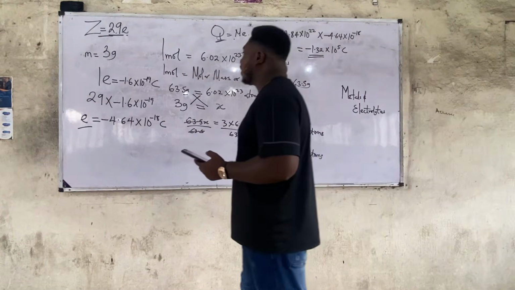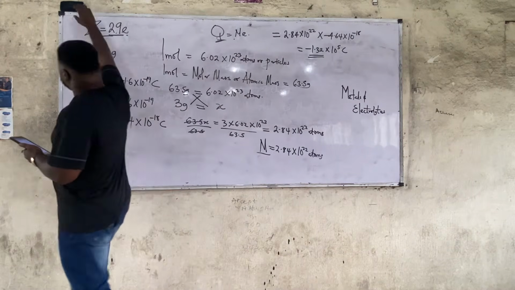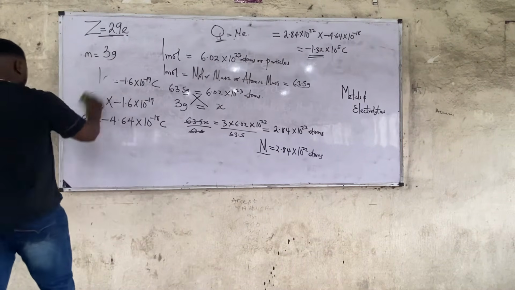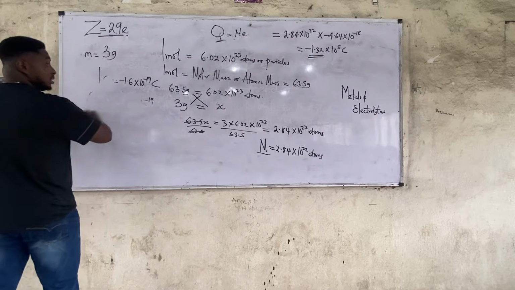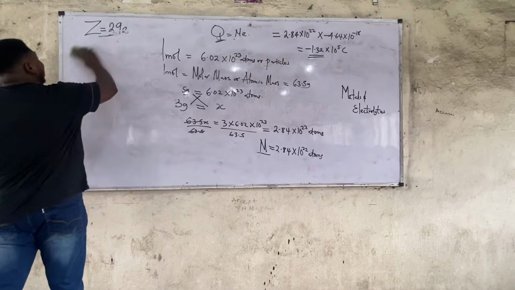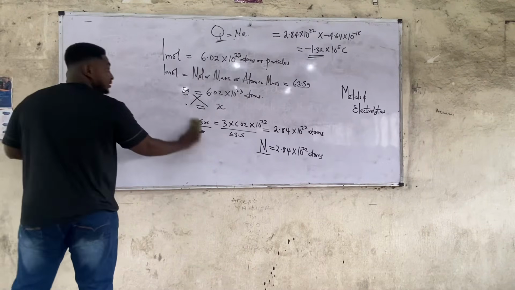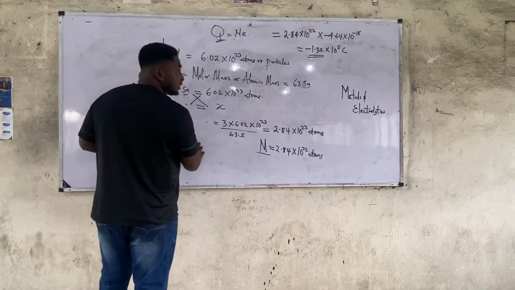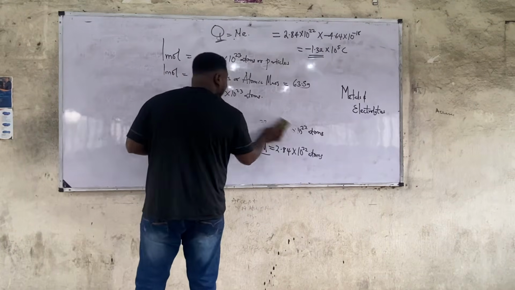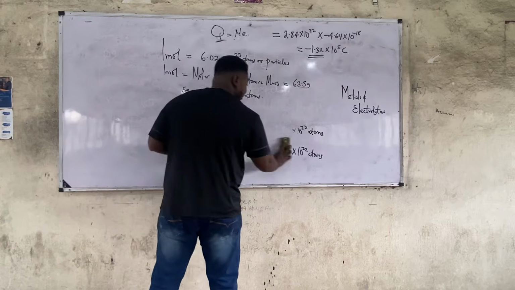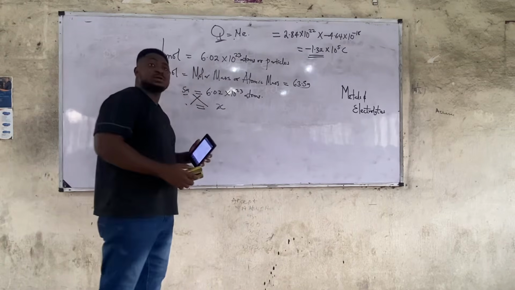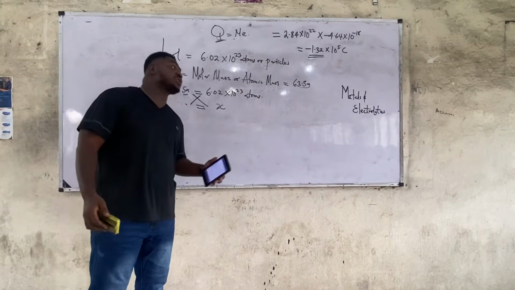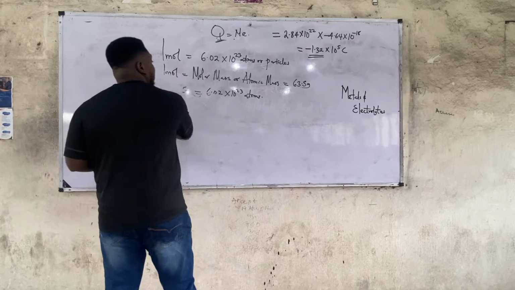Examples are non-metals such as glass and rubber. These will not conduct electricity. So if you take a rubber now and go to your transformer, will it conduct?